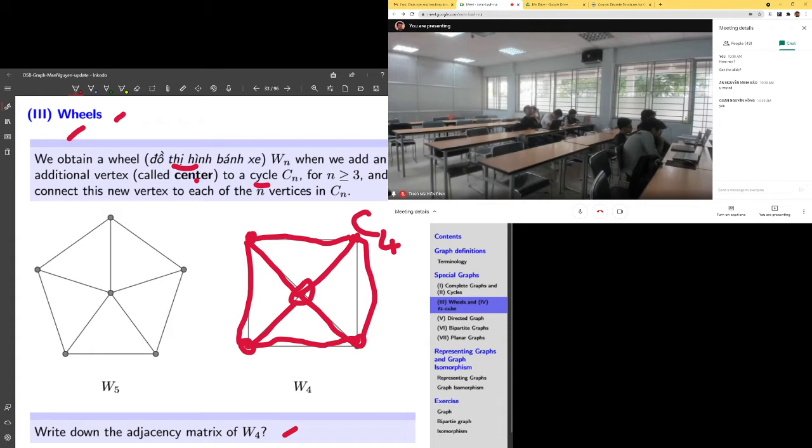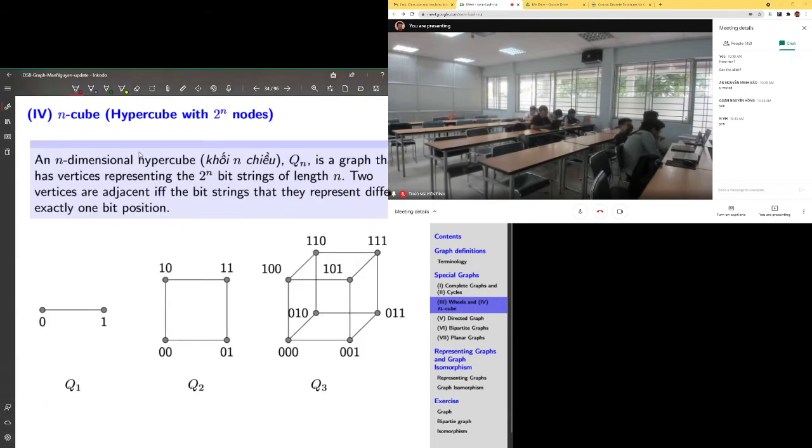Now, please pay attention. The next structure is not simple. Okay, pay attention. The fourth special graph, we call the hypercube with 2 power n nodes. So this is the definition for that.